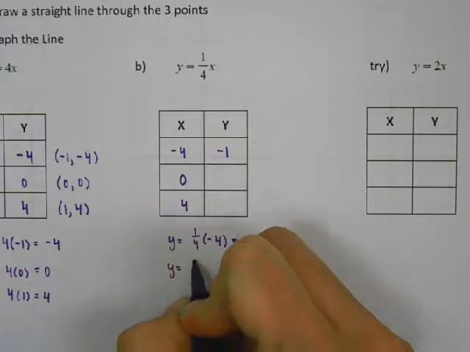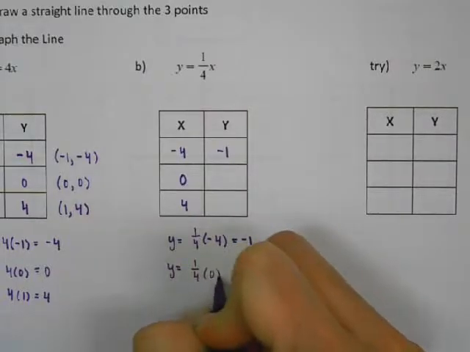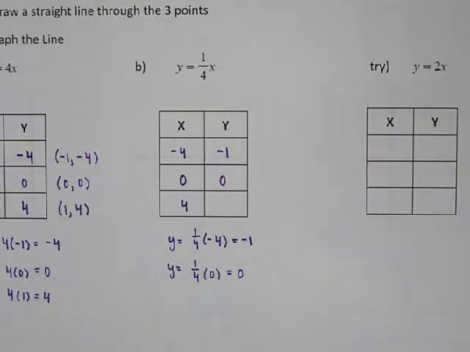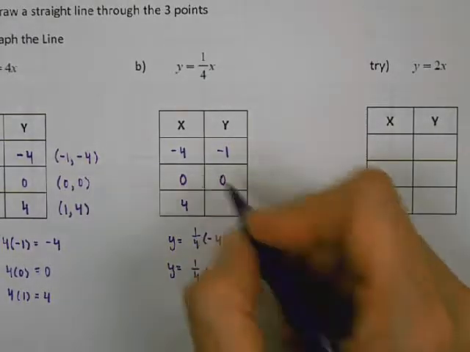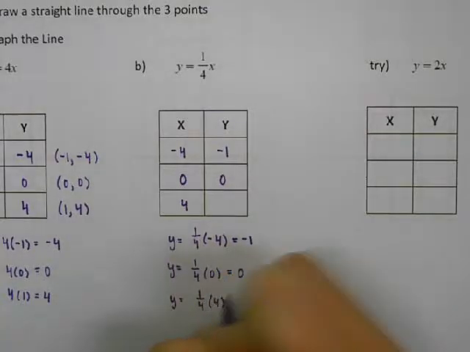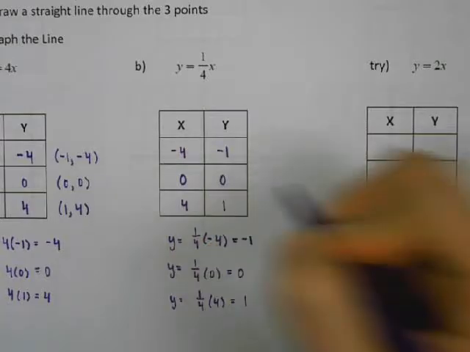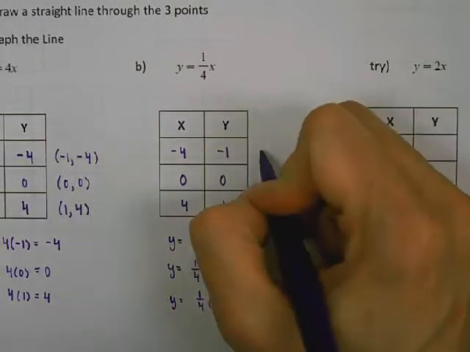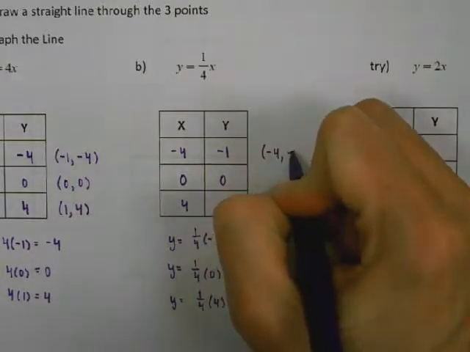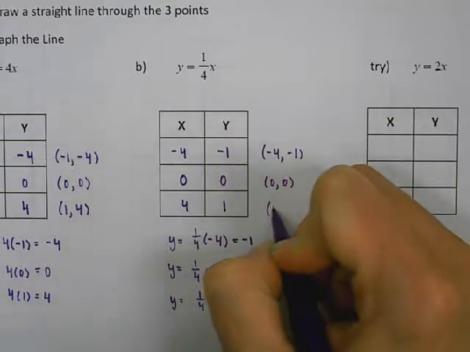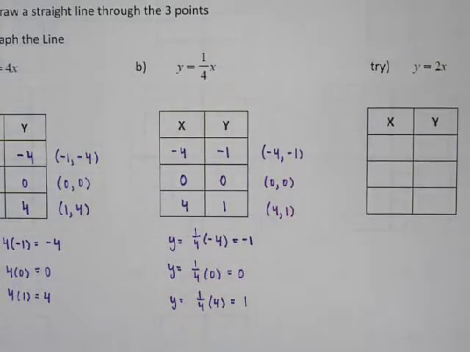My second point is y equals 1/4 times 0. That's going to give me a 0, so that's easy. Again, I'm going through the origin there. And then the last one, I have 1/4 times 4, and that's just going to give me a +1. Again, remember, these values in my tables just gave me 3 ordered pairs: -4, -1; 0, 0; and 4, 1.